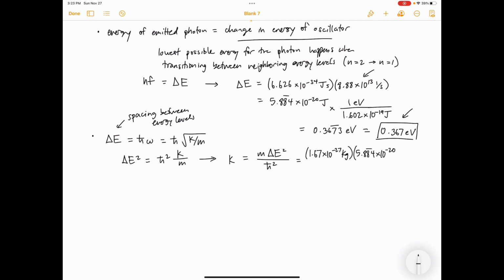So I want to use the SI unit of joules here because that's equivalent to a kilogram meter squared per second squared. And then I'm going to go ahead and divide that by h bar squared. So remember, h bar is 1 over 2 pi times h, where h is 6.626 times 10 to the minus 34. Units are joule-seconds, but if we expand that out, that's kilograms meters squared per second.